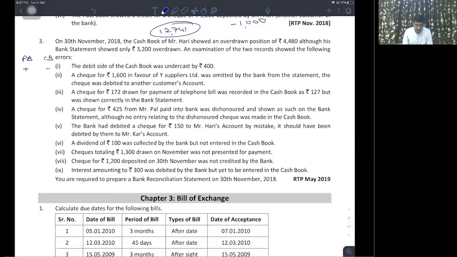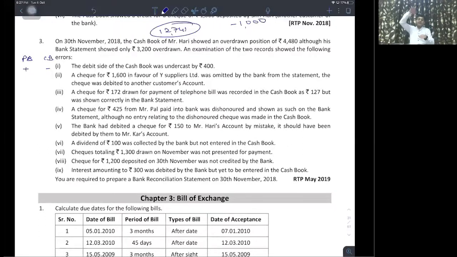A check for ₹1,600 in favor of Y Suppliers Limited was omitted by bank from the statement. The check was debited to another customer's account. Check in favor of Y Suppliers. हमने किसी Y supplier को चेक इशू किया था, पर बैंक ने वो हमको डेबिट करने के बजाय किसी और को डेबिट कर दिया. We have recorded it, bank has not recorded it.